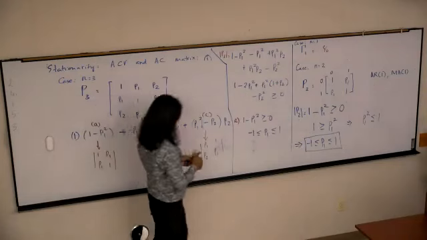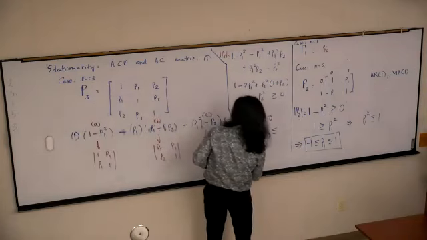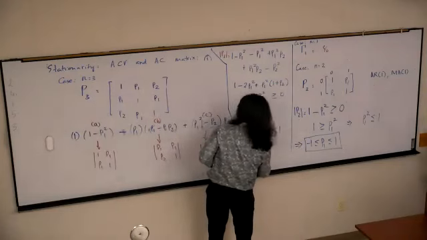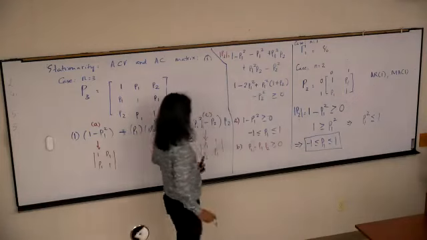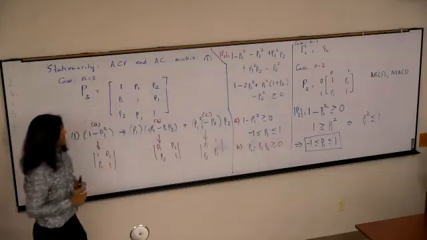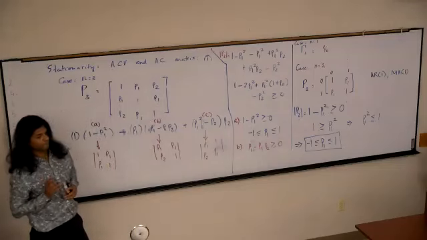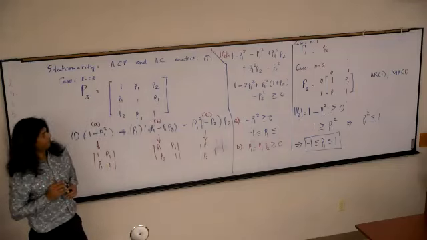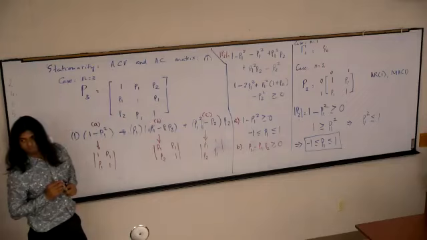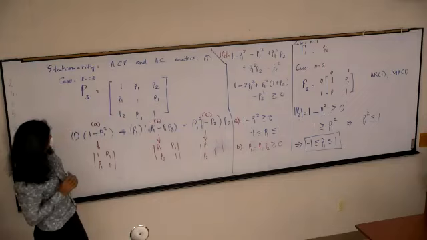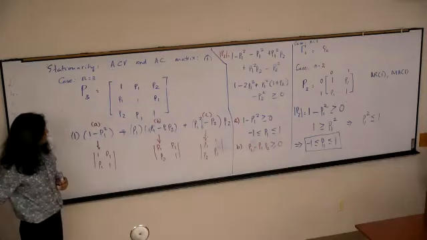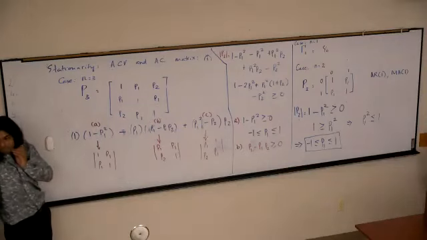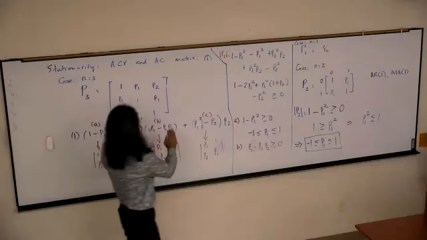Moving on to that. Rho 1 minus rho 1 rho 2 has to be greater than or equal to 0. Why not multiply in the rho 1 coefficient?